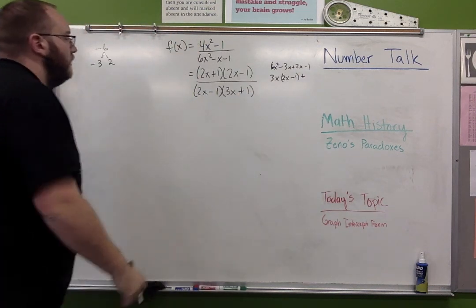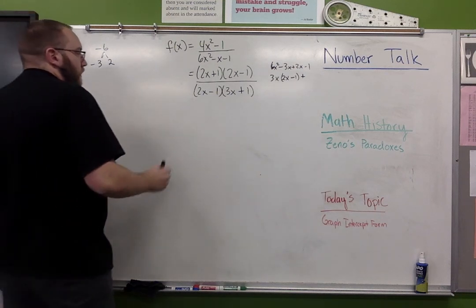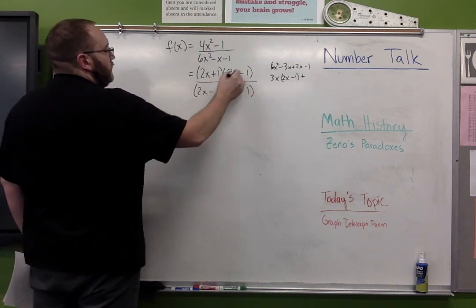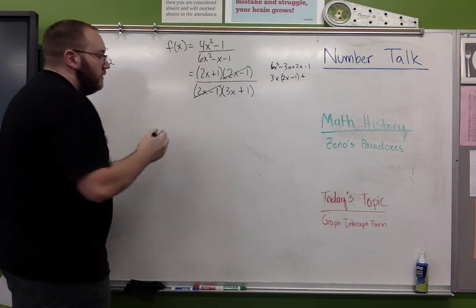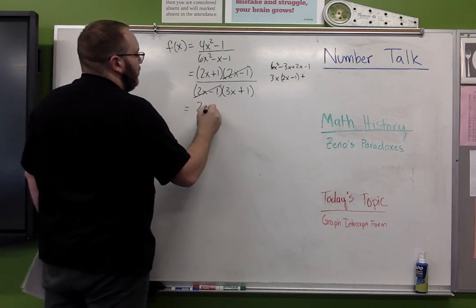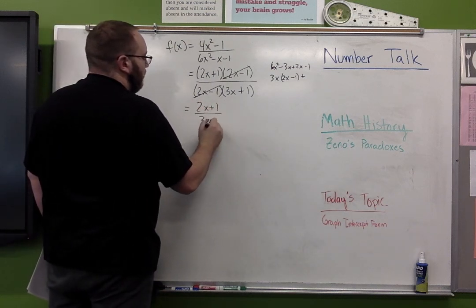Okay, there's your factor. 2x minus 1 and 2x minus 1, they reduce. So simplified form, 2x plus 1 over 3x plus 1.